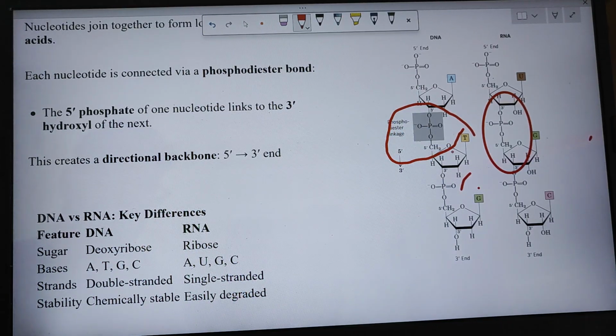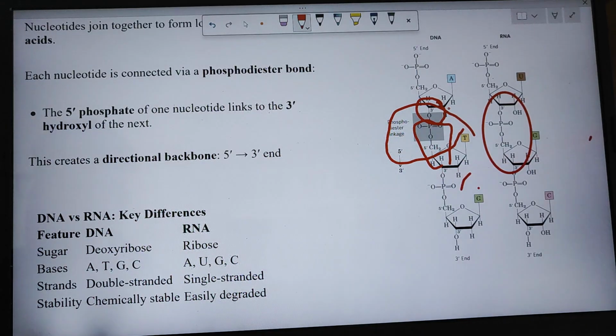So in this backbone of sugar and phosphate, the phosphate group links two individual nucleotides together by a covalent bond known as the phosphodiester bond.